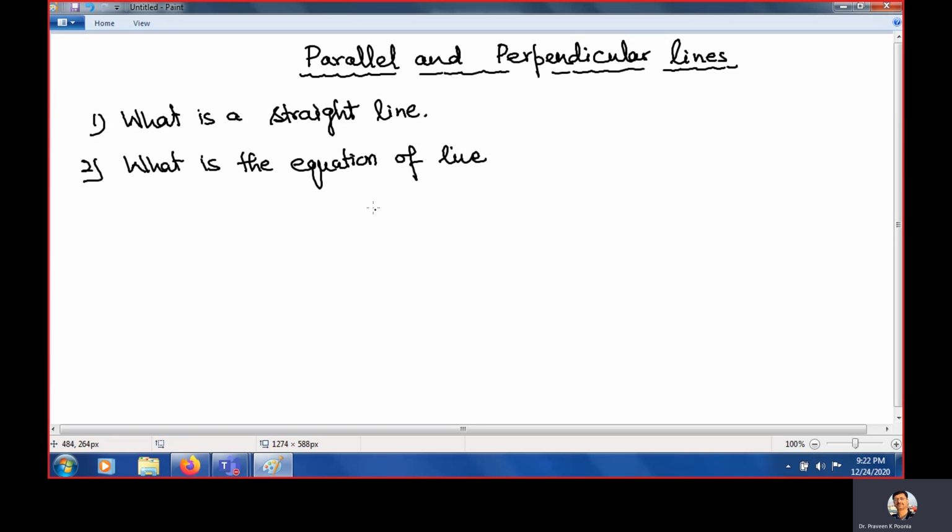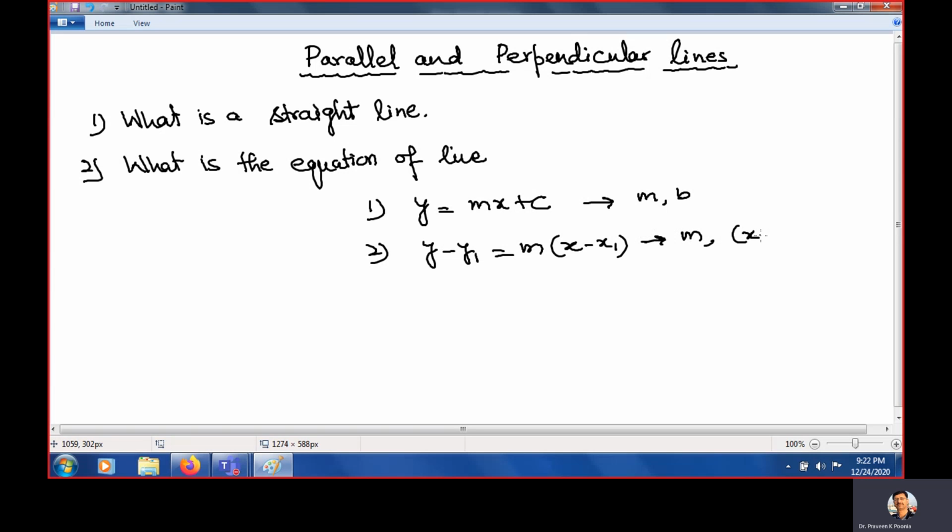Clear? If you remember, I explained two types of equations: y is equal to mx plus c, and another equation, y minus y1 is equal to m(x minus x1). The first equation is used when m and the y-intercept are given, and the second when m and one point x1, y1 are given. Clear? So the slope is playing a very important role here.